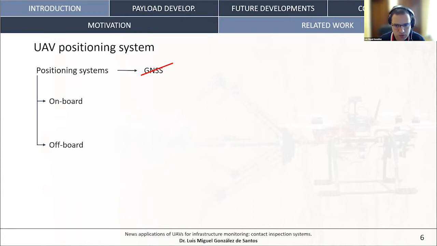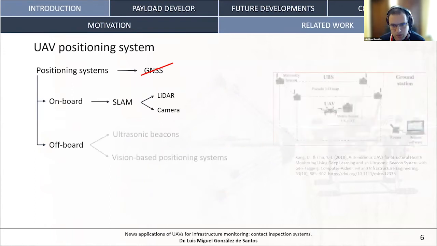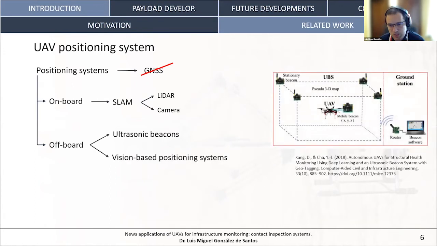In the first group, the most used systems are based on SLAM algorithms, which can be used with both LiDAR sensors or cameras. And in the second group, two systems are the most used, one based on ultrasonic beacons, and the other is vision-based systems that use cameras.